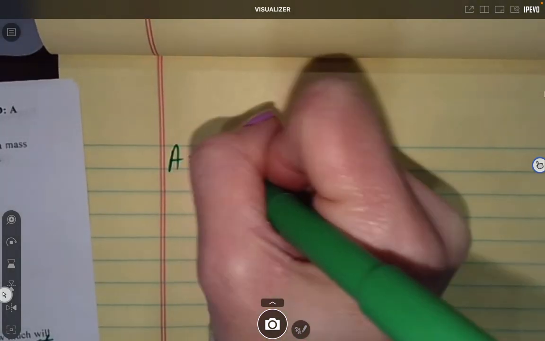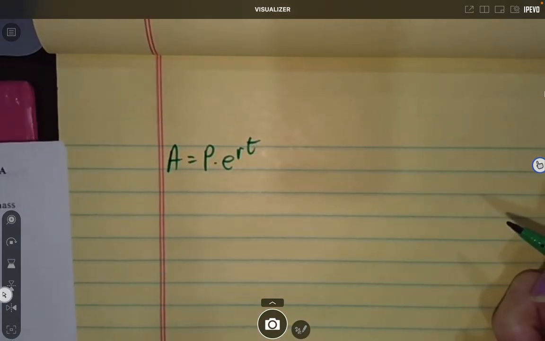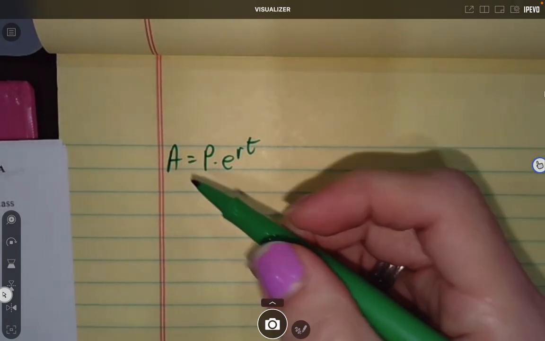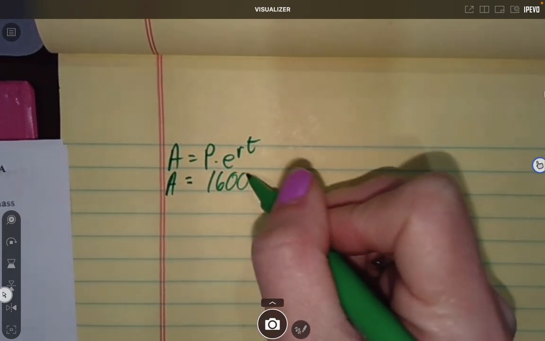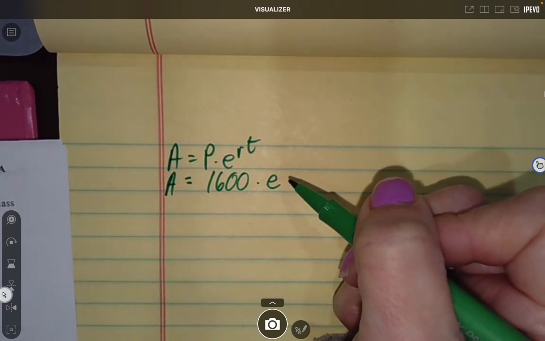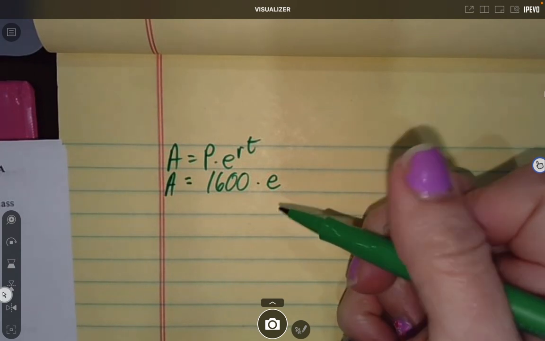I'm sorry. Okay. So we are trying to find how much we will have. We are trying to find that amount, right? What's our principal on this problem? 1600. Yep, that's our starting value. E is just the number on our calculator, okay? So we'll type that in a second.